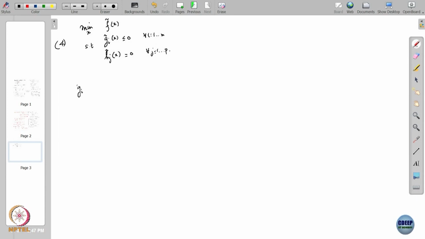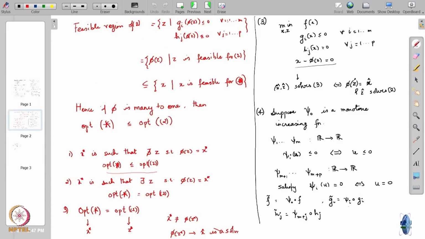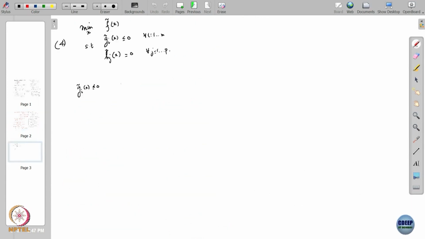What was g i tilde? g i tilde was psi i composed with g i. So, this is saying psi i of g i of x less than or equal to 0.